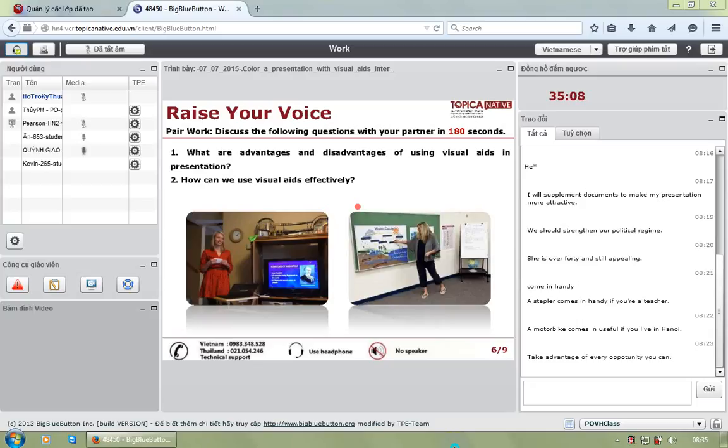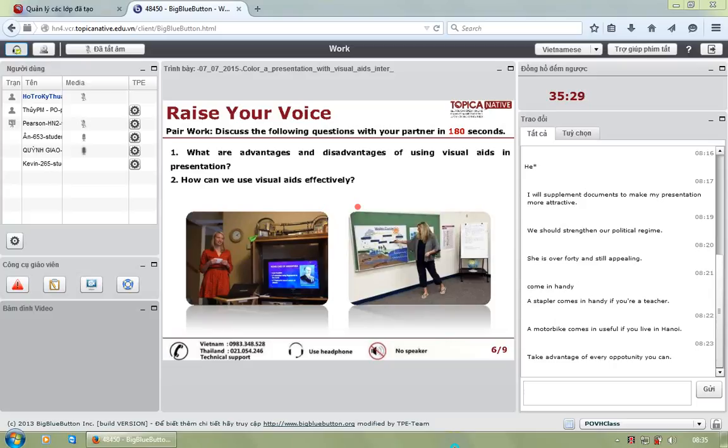I think advantage or disadvantage depends on our ways of using visual aids. I think we should discuss more on how we can use visual aids effectively.